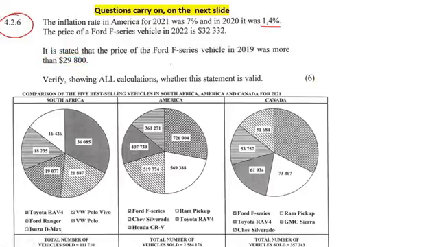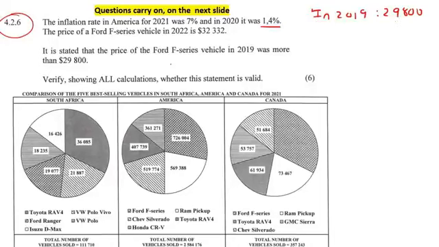Okay, so what we can do is, let's just say the car is worth 29,800 in 2019. I know they said that it was more, but let's just pretend it is 29,800. Then how much would it be in 2020? Let's say at the end of 2019, that was the price.